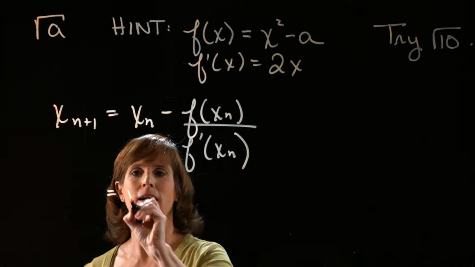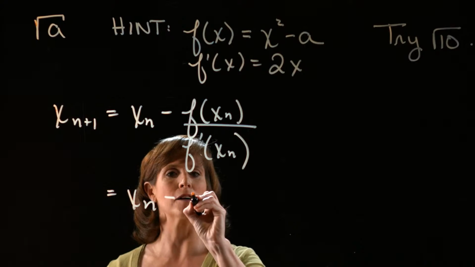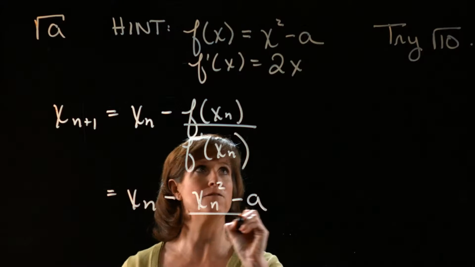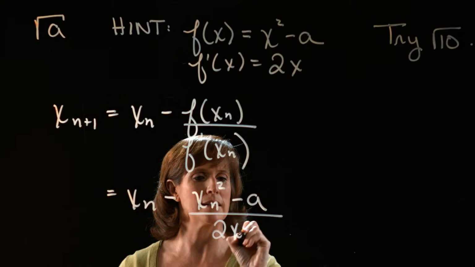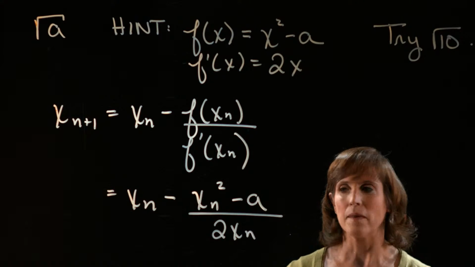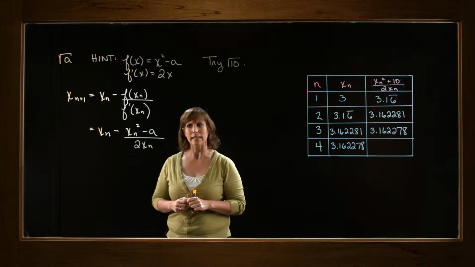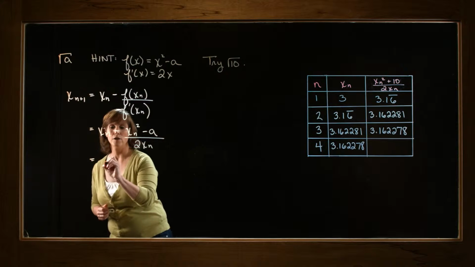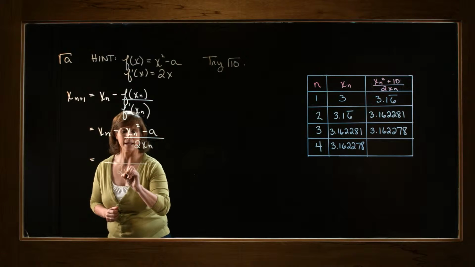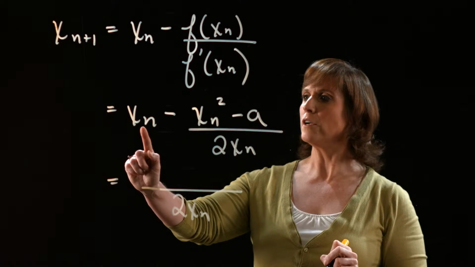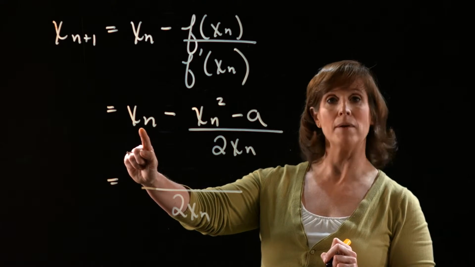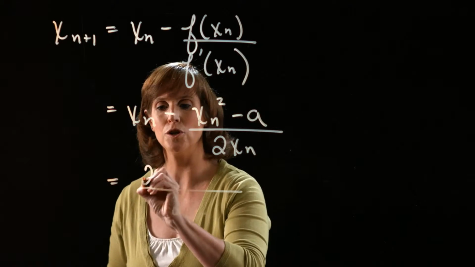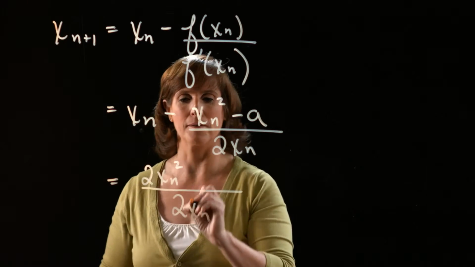I'm going to have x of n minus my function, which is going to be x of n squared minus a divided by 2 times x of n. All right, I'm going to do a little algebra to clean this up. I'll get a common denominator of 2 times x sub n. In order to put this over my denominator, I'm going to multiply it by 2 times x sub n. So that's going to give me 2x sub n squared.